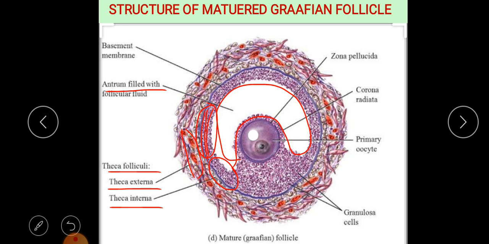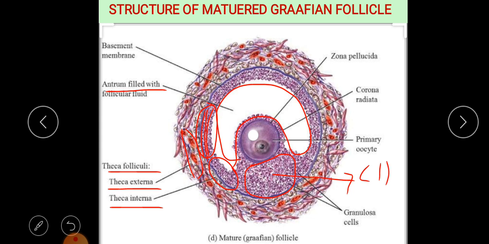Okay, and then there is a mound of cells, a heap or mound shape of the cells of the membrana granulosa, arranged at the edge of the oocyte, in between the thecal layer and the oocyte. So this is known as the cumulus oophorus.